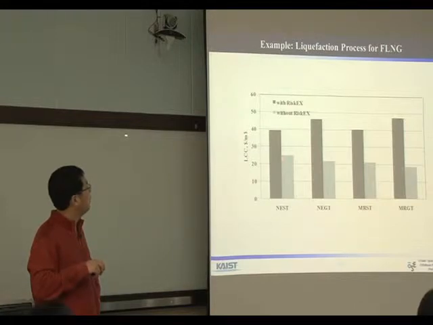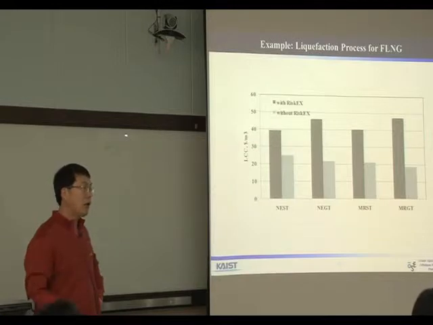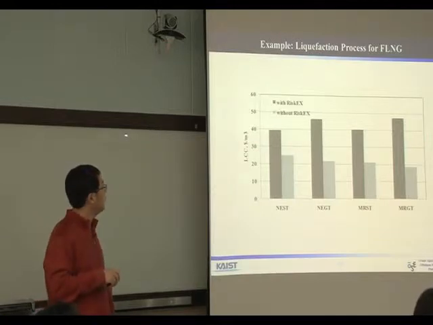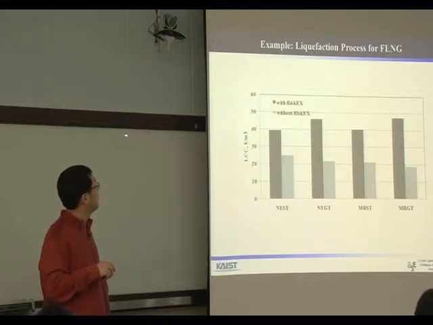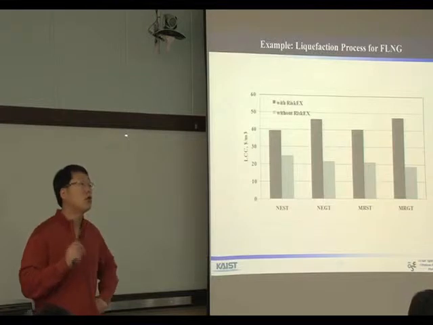This bar represents the life cycle cost without considering risk X, the reliability and failure. So in this case, NEST is best. But if we consider risk X, life cycle cost is cost.